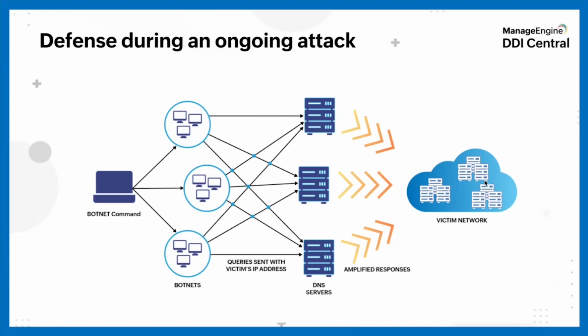The amplified responses flood the victim's network, potentially overwhelming it with data and causing significant disruption. This type of attack is known as a distributed denial of service attack, or DDoS attack. These threats can be instantly identified using DDI Central's query analytics tool that visually charts unusual spikes in query traffic, indicating a DDoS attack in progress.